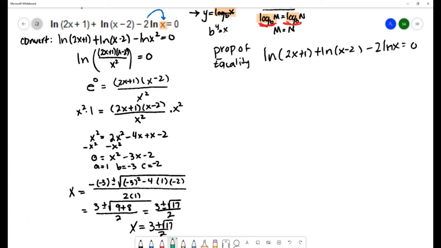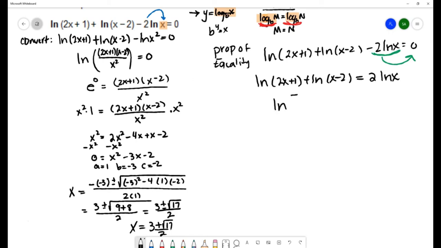So I notice that this log is negative, so what I'm going to do is move it to the other side of the equation. That gives natural log of 2x plus 1 plus natural log of x minus 2 equals 2 natural log of x. I need to condense on the left, and both of these logs are positive, so I'm going to condense with the product rule.